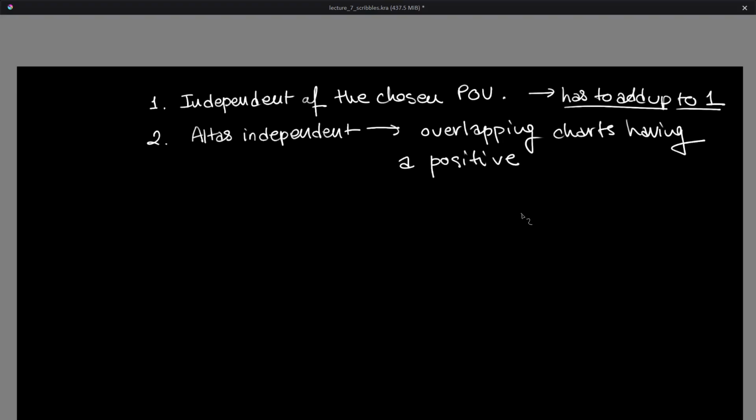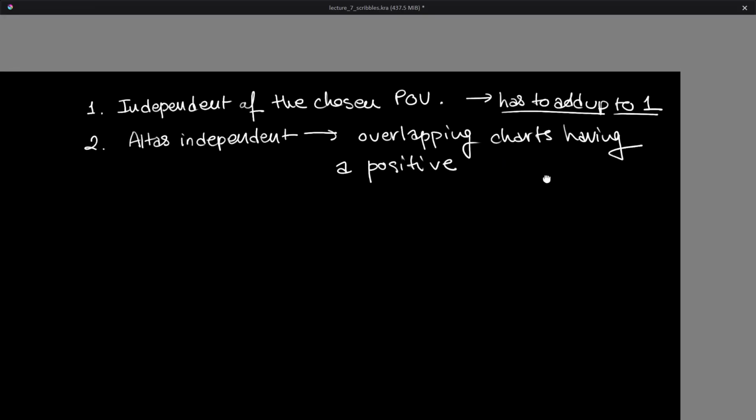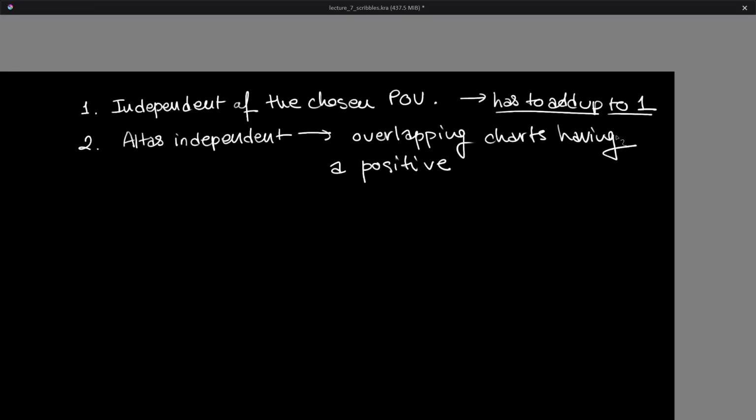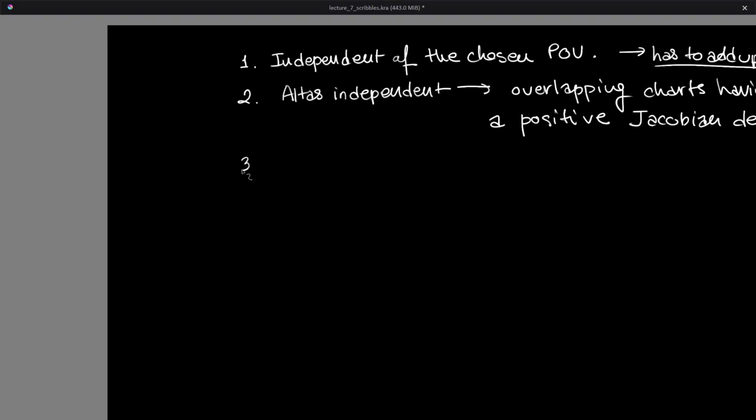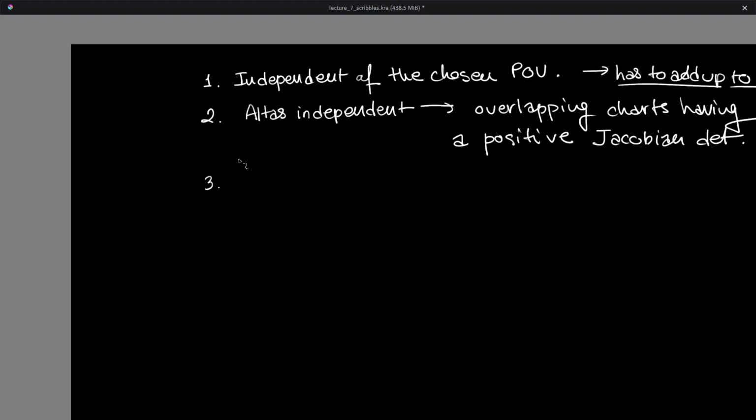That goes back to the proof that we did that every real space has the same orientation. And then third, we avoid convergence issues.